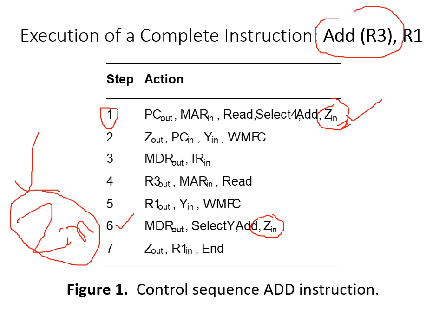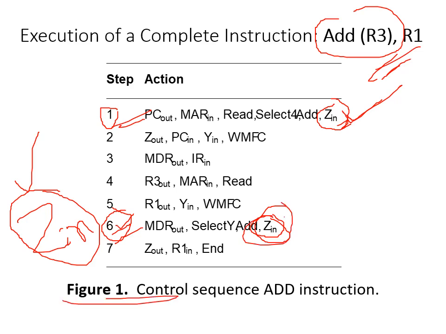Remember, for every instruction Zin should be executed at the first clock cycle. Specifically for the add instruction I have given, Zin must be executed at the 6th clock cycle. Nowhere else are we using Zin, right? You remember this, 6th clock cycle.